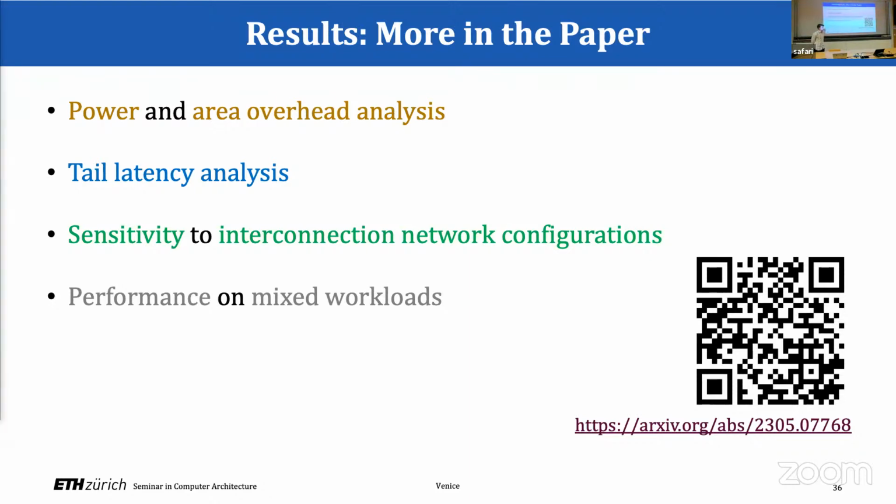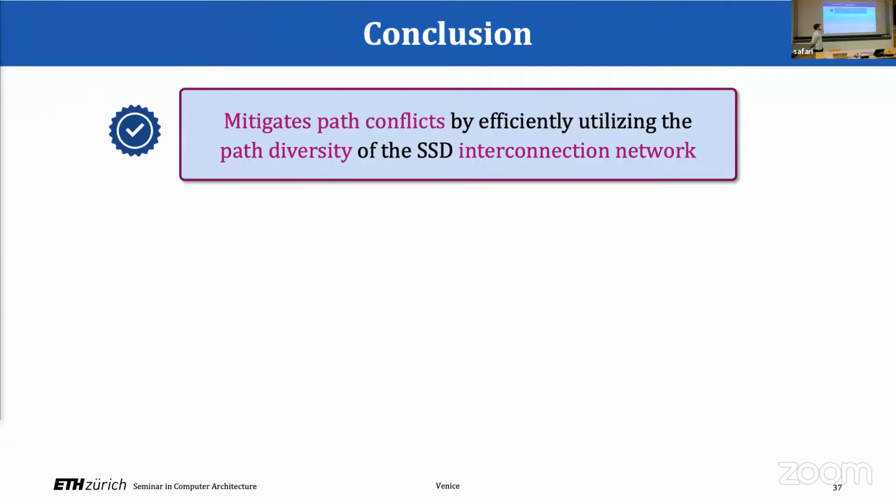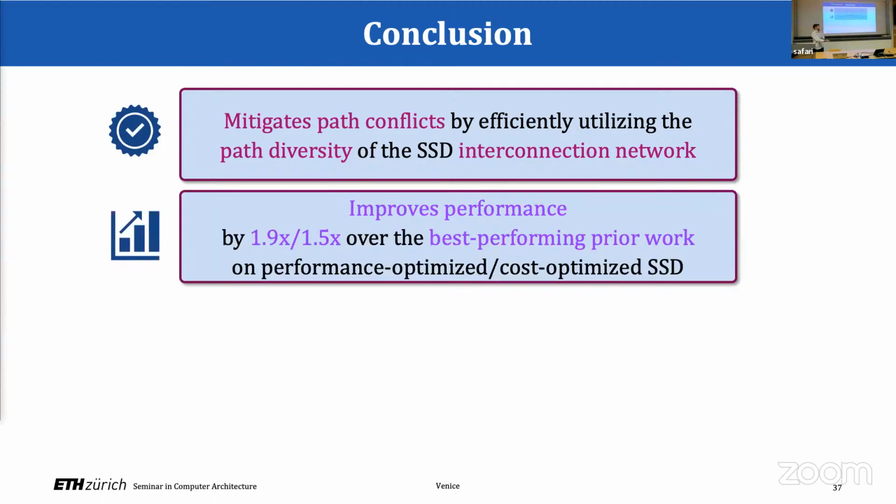So in conclusion, we can say Venice mitigates path conflicts by effectively utilizing the path diversity it provides with the SSD interconnection network. It improves performance, as stated before, over all prior work, on both a performance optimized and a cost optimized SSD.